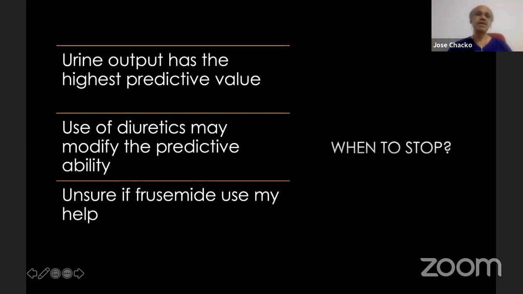If your patient has some urine coming, it means the kidney may have begun to improve and you can perhaps hold off dialysis. The use of diuretics may help you to take out more volume.